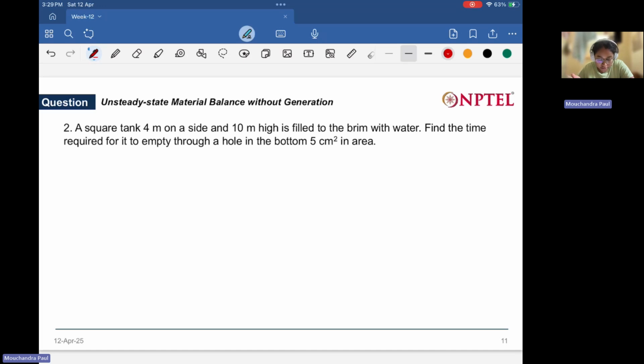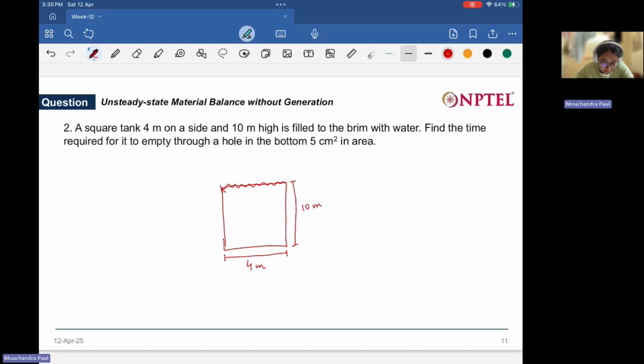The question states that there is a square tank, 4 meters on the side and 10 meters high, and water is filled to the brim. We have to find the time that is required to empty the tank through a hole in the bottom.